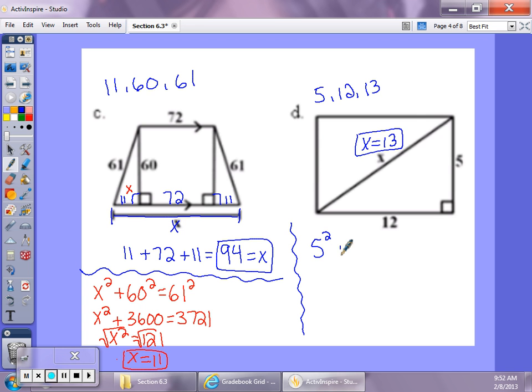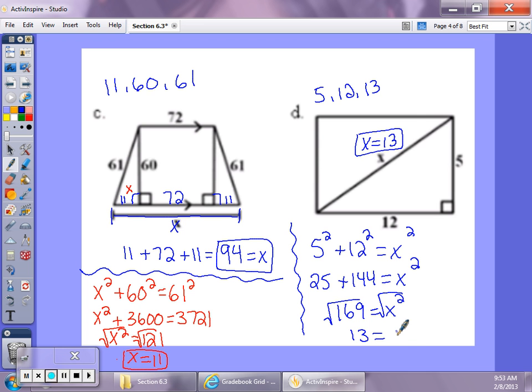So 5 squared plus 12 squared is equal to x squared. 25 plus 144 is equal to x squared. This will give us 169 equal to x squared. So if we take the square root of both sides, we're still going to get a value of 13 for x.